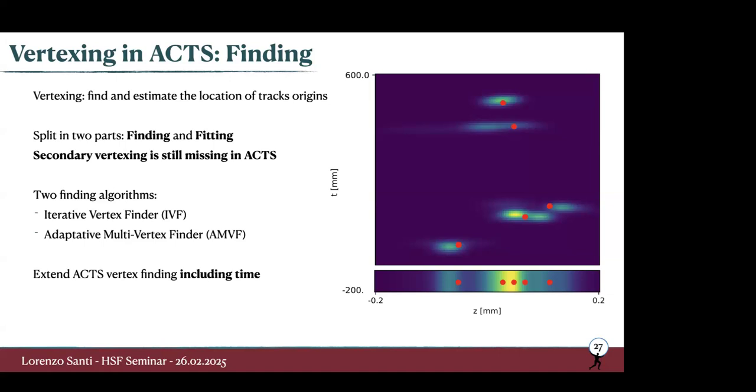You have a 50 millimeter beam spot in Z and a 180 picosecond beam spot in time. The feature of time that you are using is that different vertices occur at different times on a scale of 180 picoseconds. You should not think about timing and Z as correlated variables. They are uncorrelated, and this is why timing is powerful.